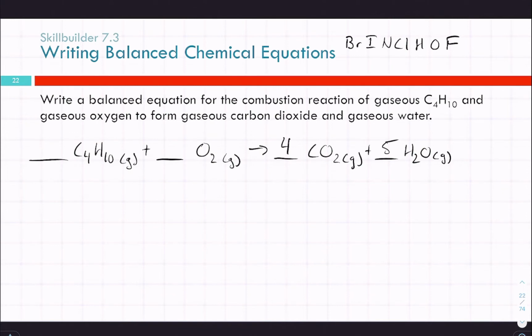And now we'll balance our oxygens. Because we balanced everything else over here, oxygen's the only thing left. So this is 4 times 2 for 8 oxygens. And then 5 times the 1, so we have 5 oxygens. So a total of 13 oxygens.